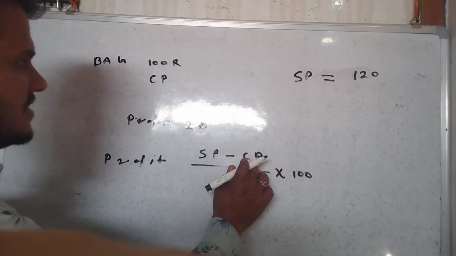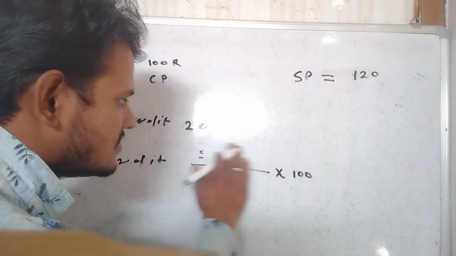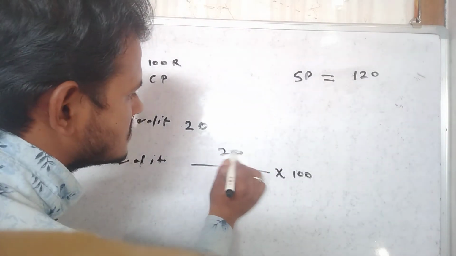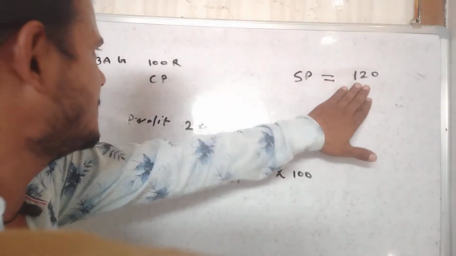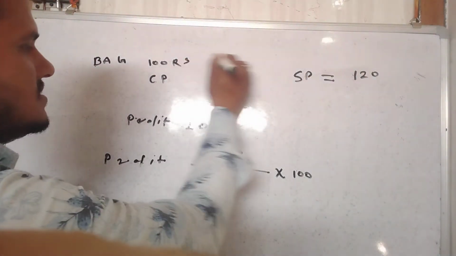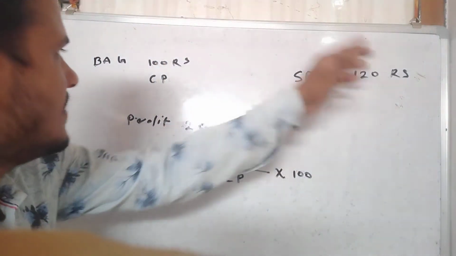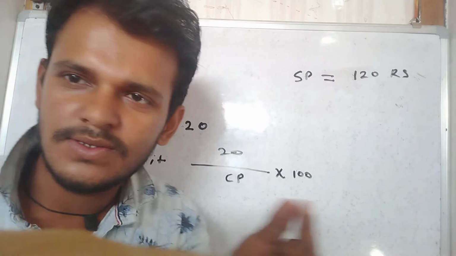SP minus CP, what is this? ₹20, because SP is 120 minus 100, which is ₹20.